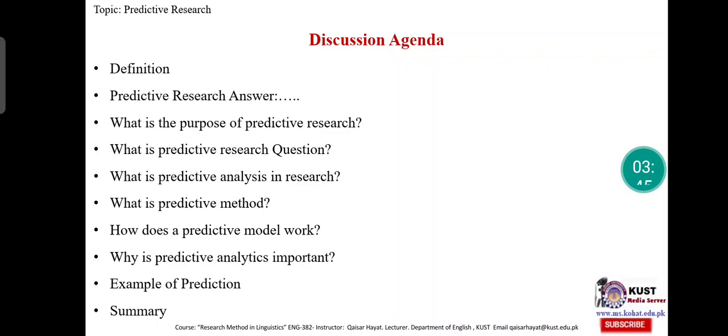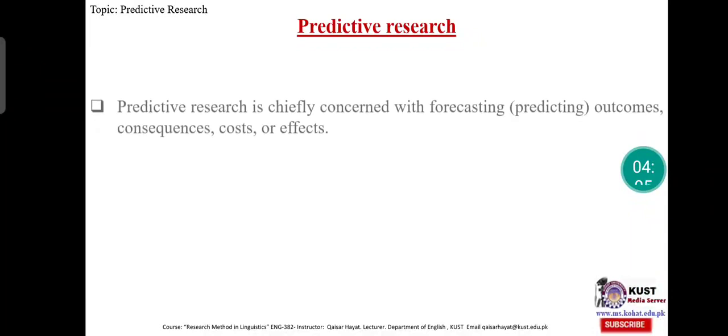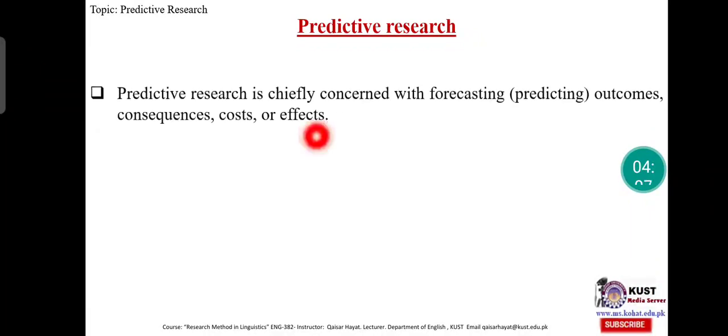So after seeing the discussion agenda, let's go to the definition, that what is actually predictive research. Let's define. Student, predictive research is chiefly concerned with forecasting, predicting outcomes, consequences, cost or effect.